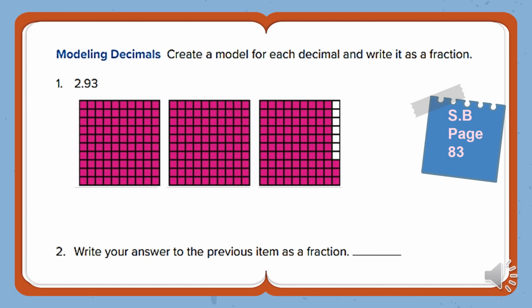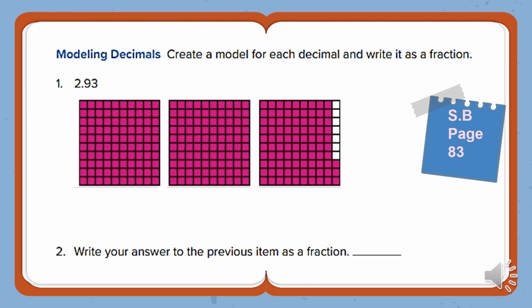We colored the three small squares at the end. It means 93 hundredths.